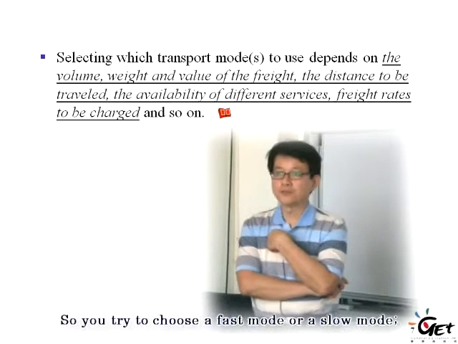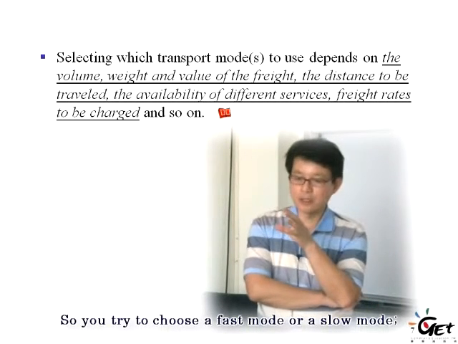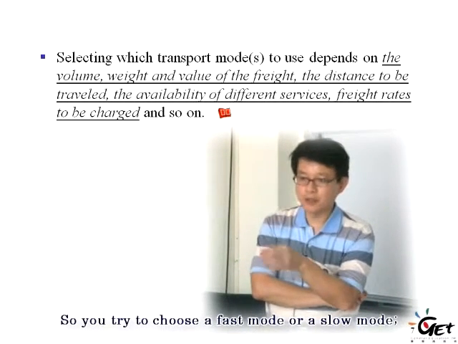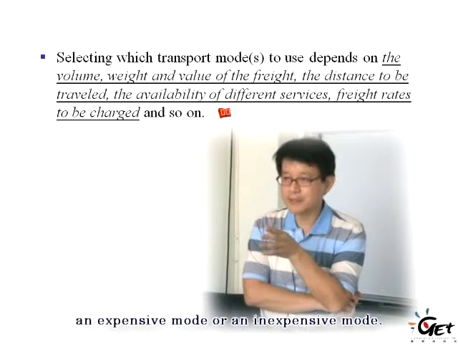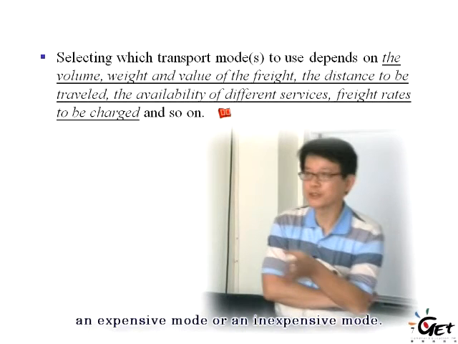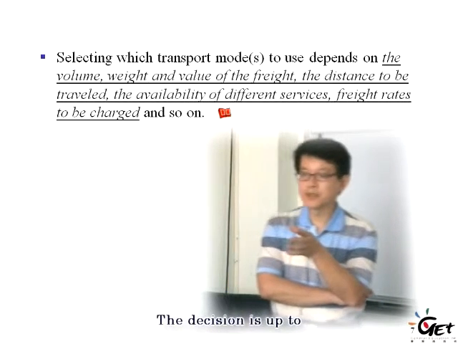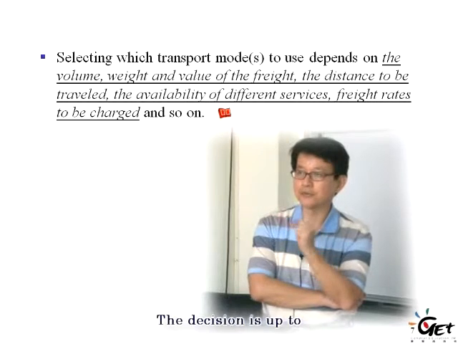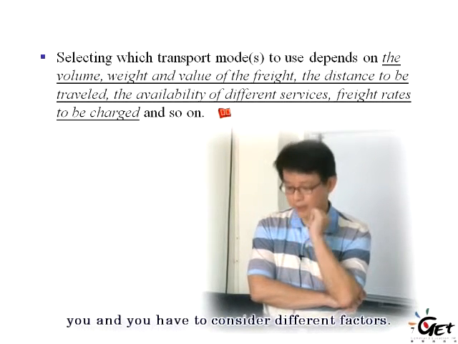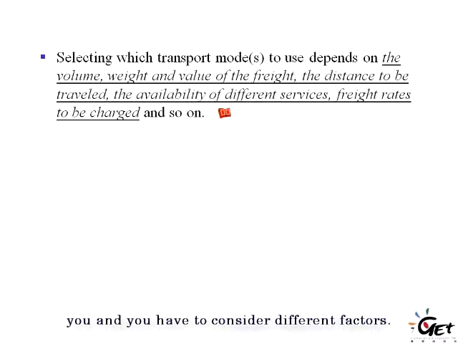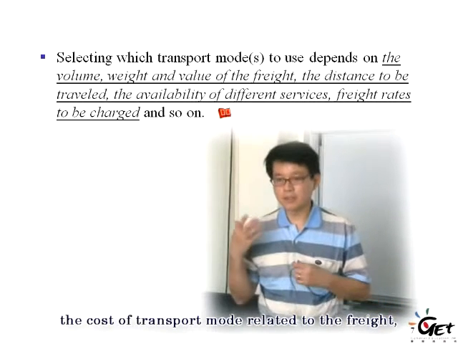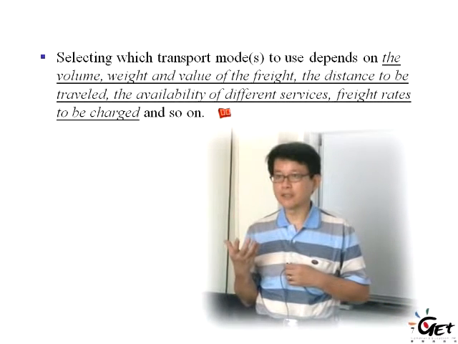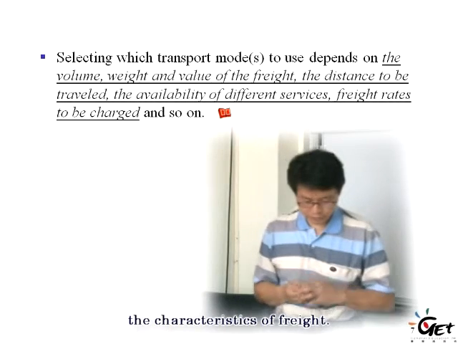Okay. So you try to choose a fast mode or a slow mode, an expensive mode or an inexpensive mode. The decision is up to you, and you have to consider different factors. We need to know the cost of these transport modes related to some characteristics of the flight.